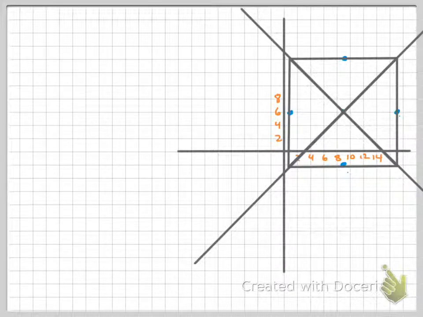Okay, we know that the center is at 9, 6. So we automatically know a point that's contained on each of our asymptotes. And we know we can find our slope, which for this line here is going to be 1 over 1. Since our a and b values were both the same, then we could just do b over a, 8 over 8, which is just 1. So we're going to have y equals 1x.